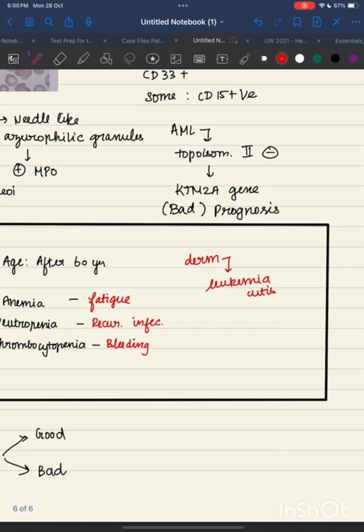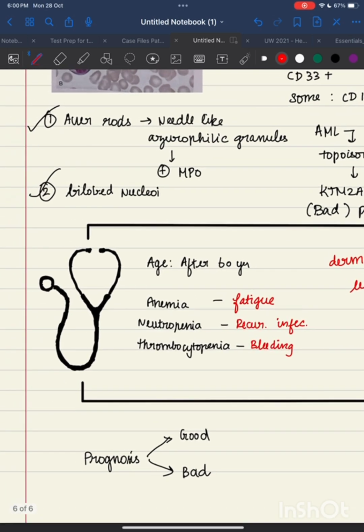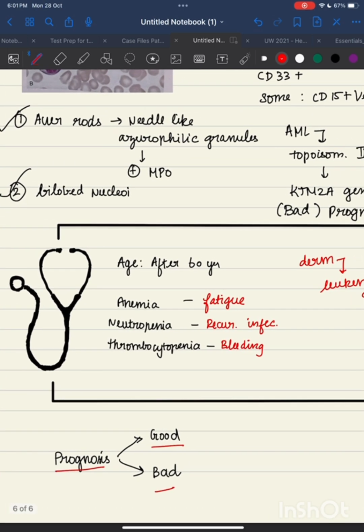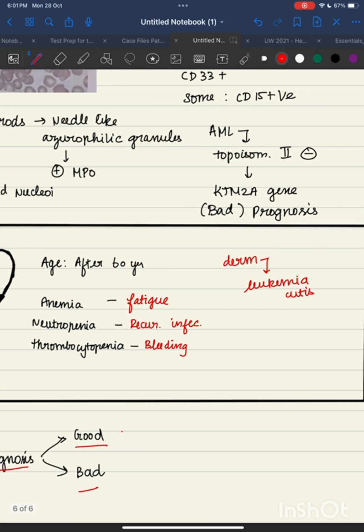Now we are going to discuss prognosis, good and bad. AML due to the t(15;17) gene aberration has a good prognosis because we have treatment for that. We use all-trans retinoic acid and arsenic salt for treatment.